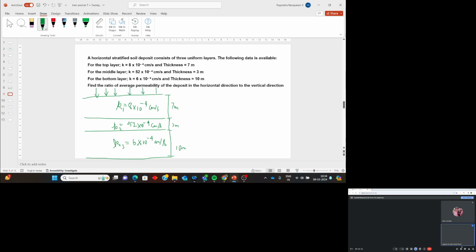This corresponds to vertical flow. And second condition is water is flowing like this. It will be Q, some Q value. This is horizontal flow. So vertical is KV, horizontal is KH.